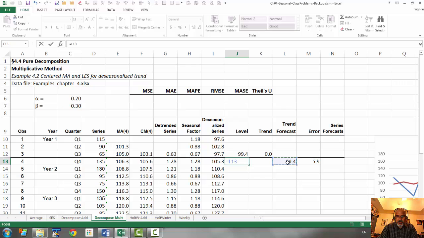Now we can set up the formula for level and trend. So forecast plus alpha, make sure that is an absolute reference, times the error, and for trend it is the previous trend plus beta, make sure that is an absolute reference, times level minus forecast.